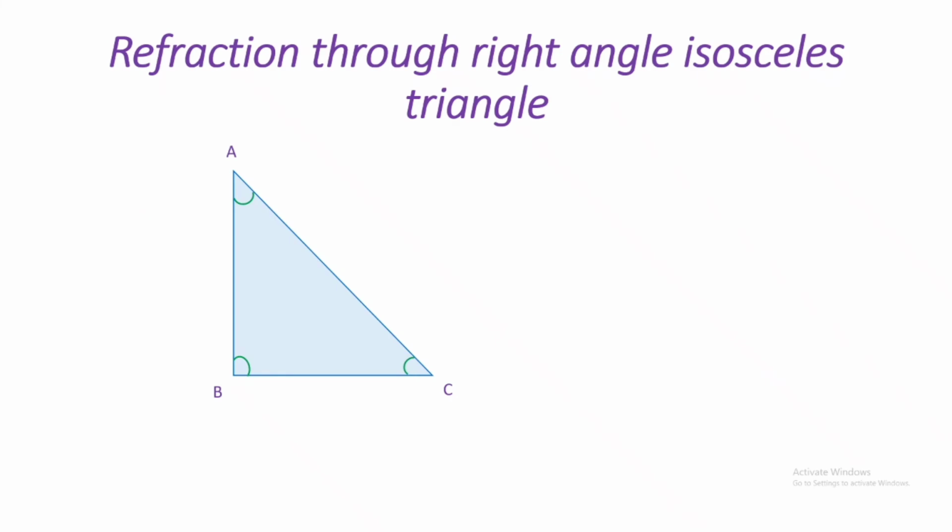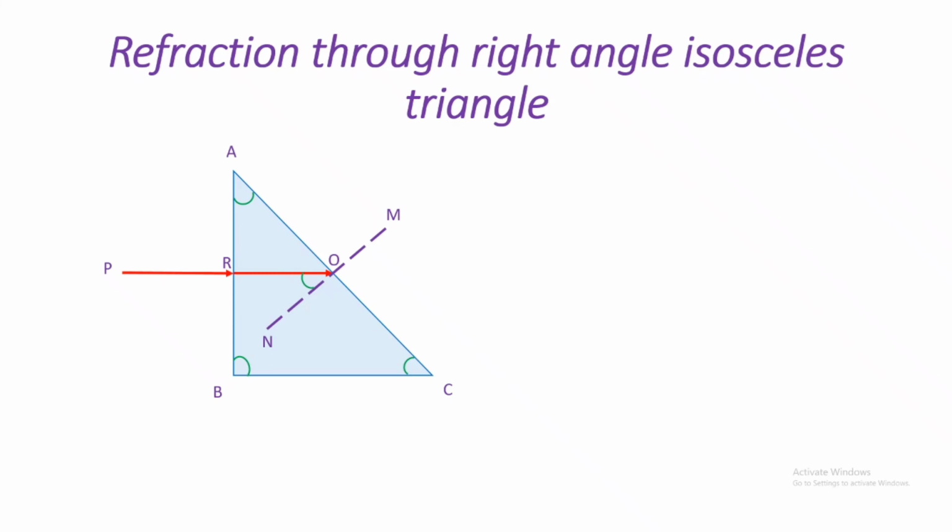Refraction through a right angle isosceles triangle. Here we see the triangle ABC is a right angle isosceles triangle where AB equals BC and angle ABC equals 90 degrees. In this case, PR is the incident ray. Light enters normally on surface AB, so it does not bend and takes the path RO. But at point O, RO is the incident ray, MN is the normal at O, and angle RON is 45 degrees.